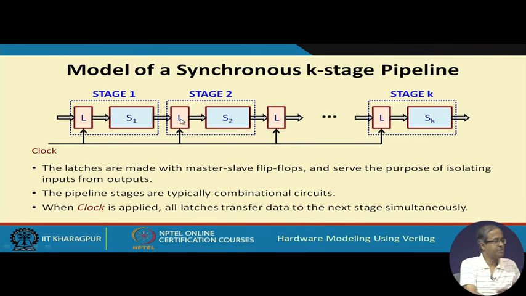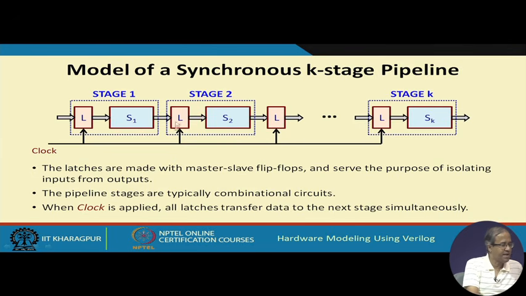So, what is the purpose of the latch? When the first data comes, that data gets stored in this latch and S1 is working on that. After S1 has finished the computation, it will store the result in this latch. At the same time, the next data will be stored in the previous latch. So, when S1 is working on the second data, S2 is working on the result of the first data.